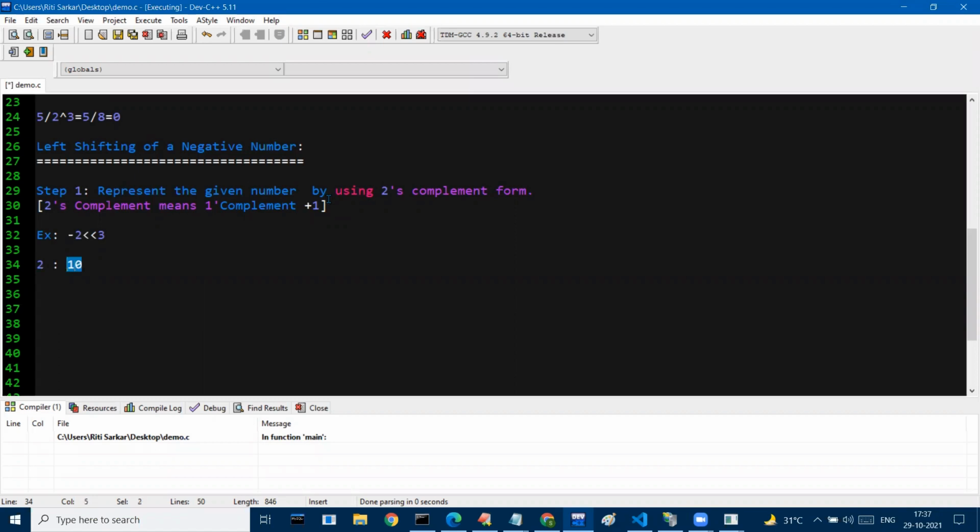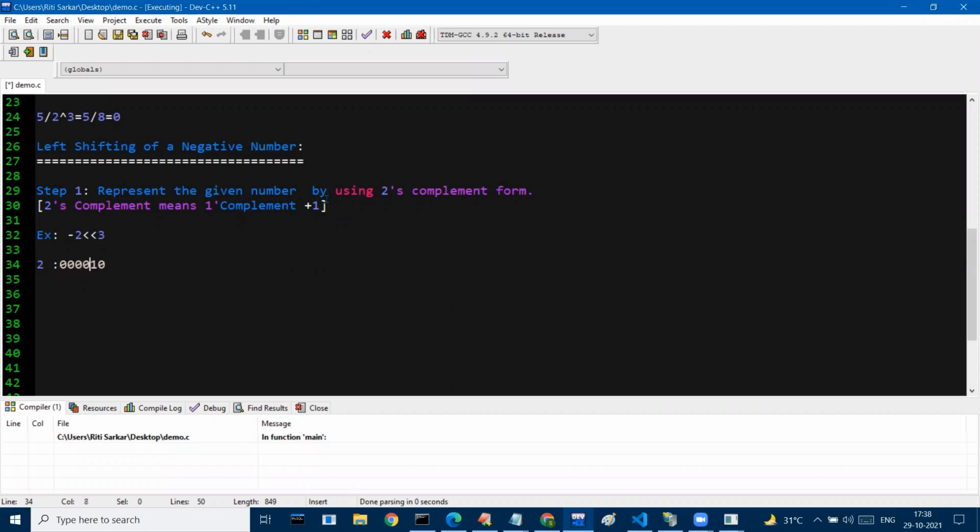But the problem here is that in most cases you will not get the correct answer if you represent it in 2 digits, 4 digits, 6 digits or 8 digits. As far as this particular compiler is concerned, it takes the integer size as 4 bytes. 4 bytes means how many bits? 32 bits.